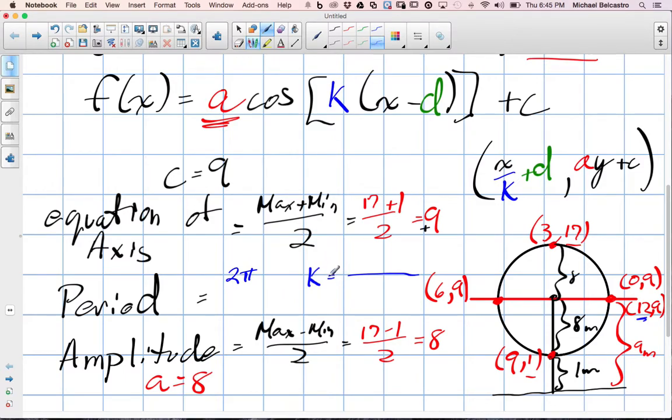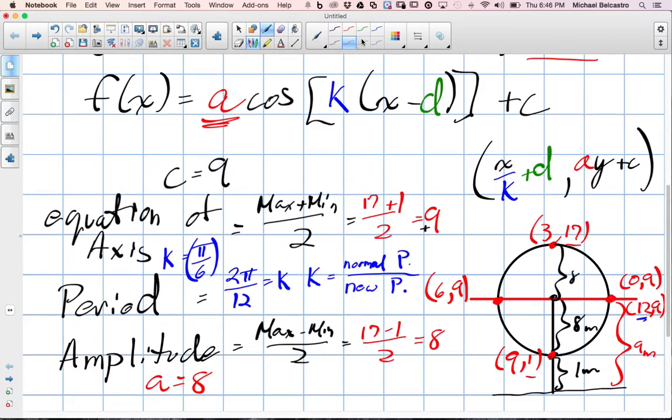Okay, so let's say the formula for k is our normal period, which we've already written out here to be 2 pi, divided by our new period. P will represent our period. Okay, so in this case, k is equal to our normal period, 2 pi, divided by our new period, which is 12. Okay, which then means k is equal to pi over 6. There we go. Great.